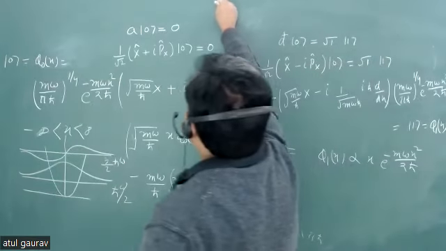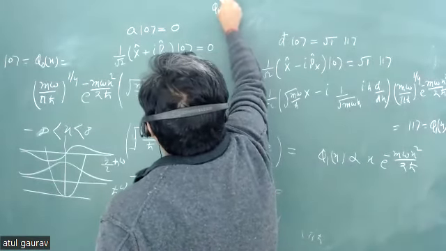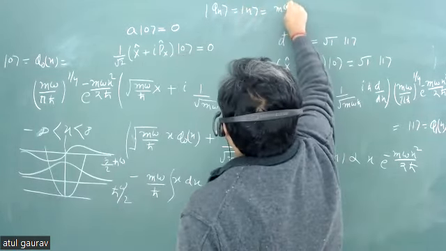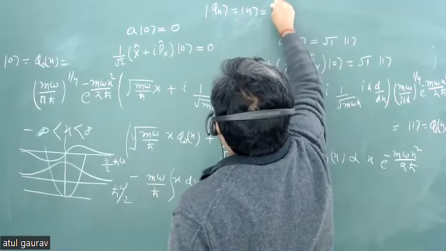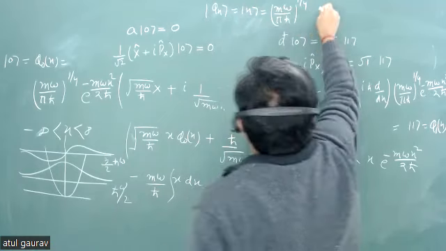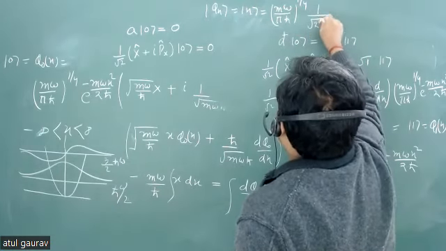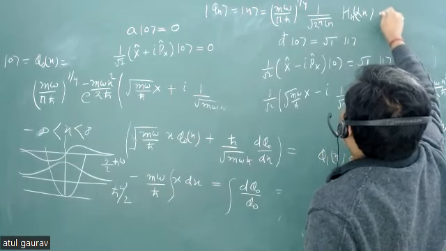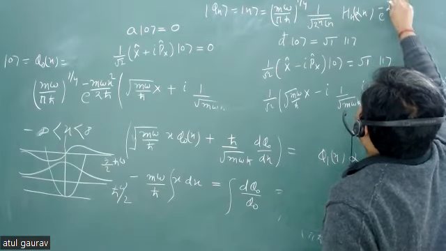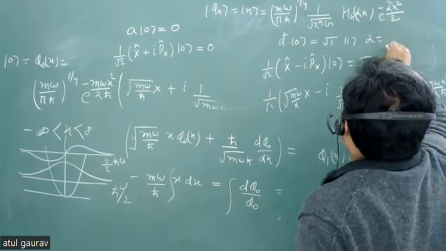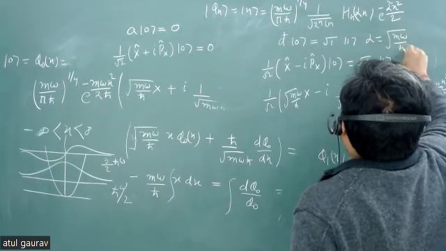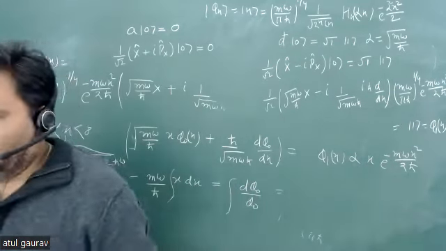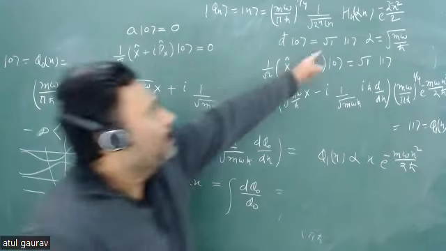This phi n or n ket are equivalent, and this value is equal to m omega upon pi h cut to the power 1 by 4, 1 upon root of 2 to the power n factorial, times Hn of alpha x, times e to the power minus alpha square x square by 2, where alpha is equal to m omega upon h cut. So you will get this particular thing by using that mathematical information of Hermite polynomials.